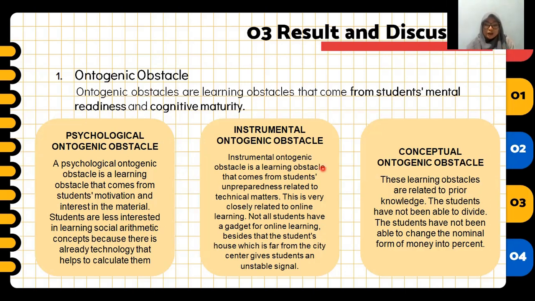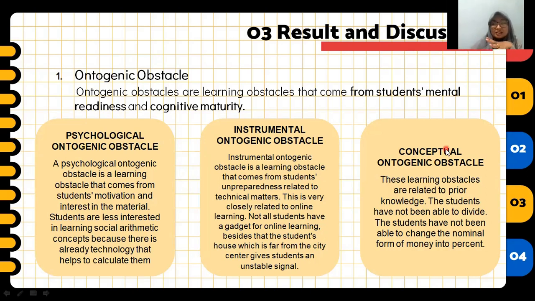Instrumental ontogenic obstacle is a learning obstacle that comes from students' unpreparedness related to technical matters. This is very closely related to online learning. Not all students have a gadget for online learning. Besides, the students' houses are far from the city center, which gives students an unstable signal. Especially in Batanghari Regency, which is so far from the city center.